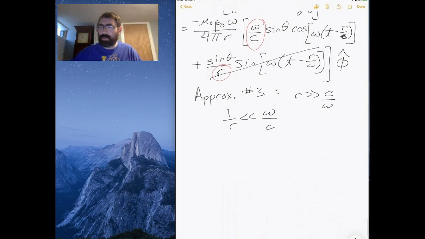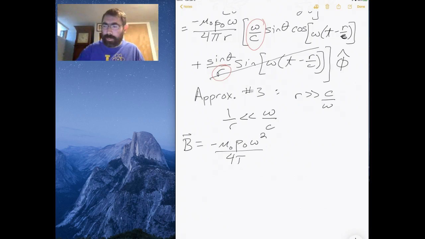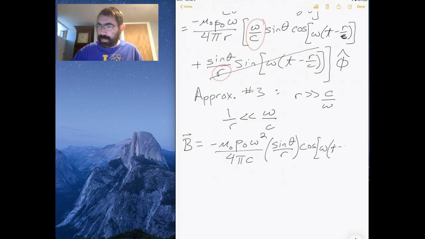And when I do, what I get is a magnetic field which is minus mu 0 p0 omega squared over 4 pi c, times sine theta over r times cosine of omega t minus r over c, all of that in the phi direction.